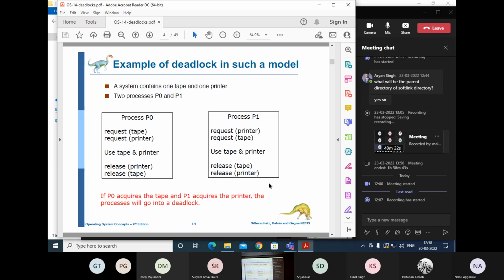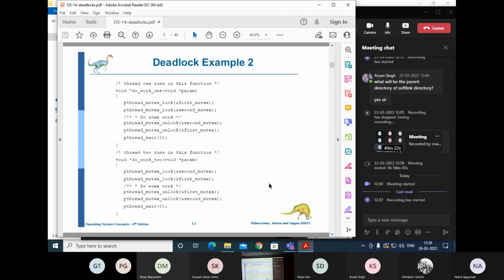Another example, in the context of what we discussed: similar deadlocks can happen with mutex locks. The writing is a bit small, but essentially there are two mutex locks, first mutex and second mutex. One process first tries to get the first mutex and then tries to get the second mutex.